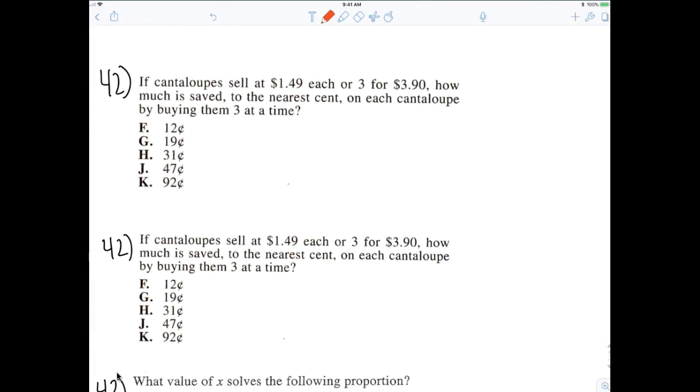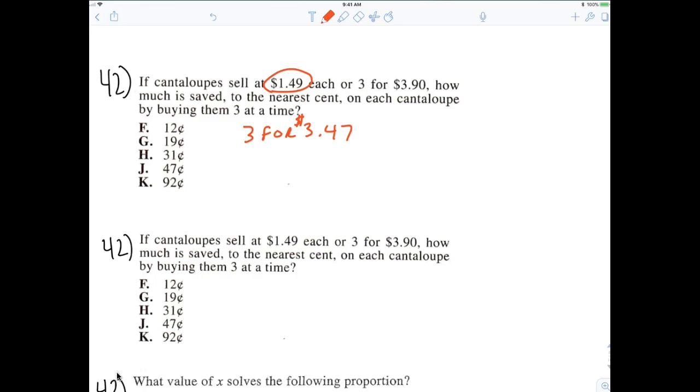All right, here we go. It says if a cantaloupe sells at $1.49 each, or 3 for $3.90, how much is saved by buying them 3 at a time? Well, if one normally costs $1.49, then how much would 3 cost? $4.47.